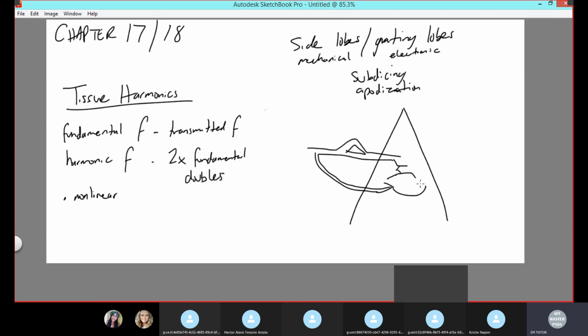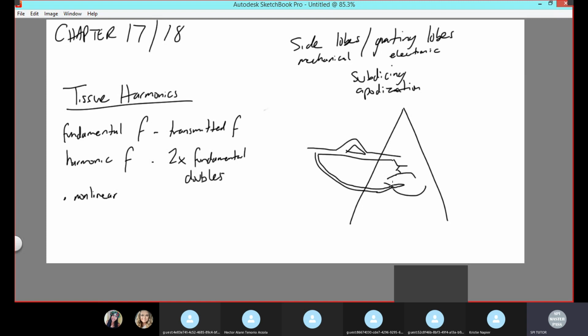So sometimes, like right here, this is the LA, the left atrium. This should be completely anechoic. But if you have a continuation of a tissue there, it's most likely a side lobe artifact that was taken from here and just placed in the main beam axis. It's a little bit tough to see, like to just notice it everywhere.